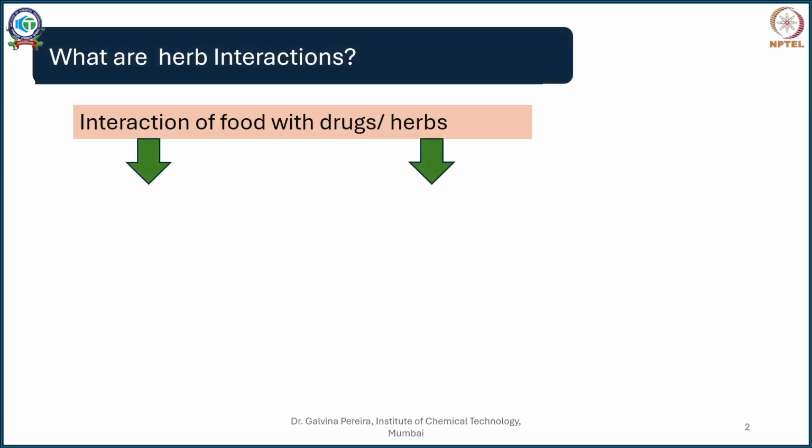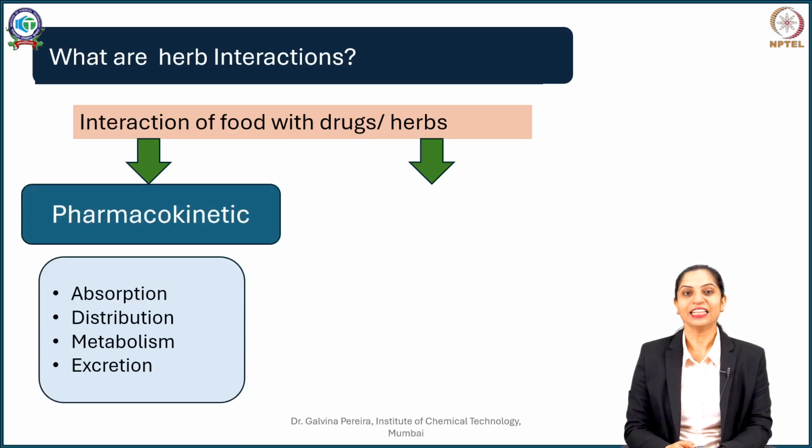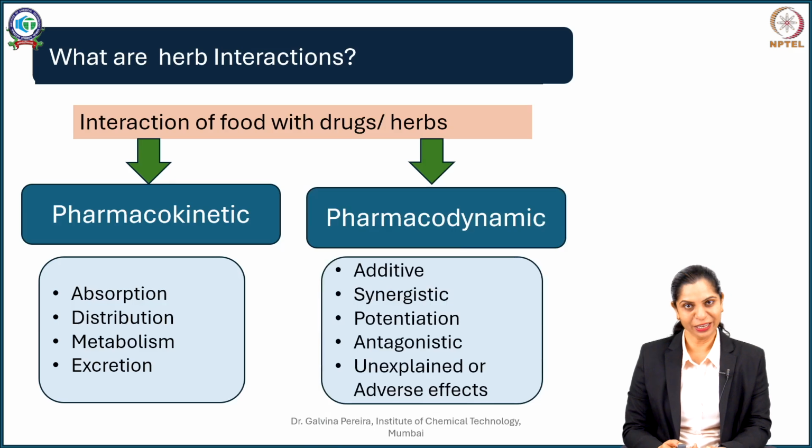Just to be quick with this, if you remember, the same kind of interactions which occurred between herb and drug can also occur between food and herb or drug. These interactions, if you recollect, were divided into two types: the pharmacokinetic interaction, which had to do with absorption, metabolism, distribution and excretion, as well as pharmacodynamic interactions.